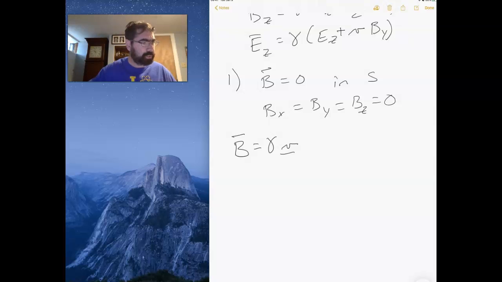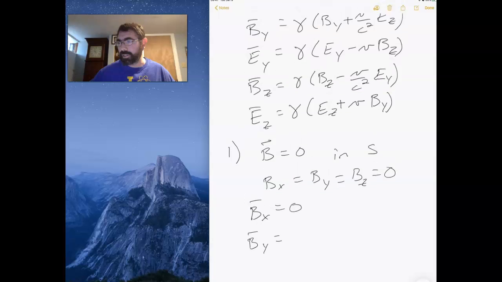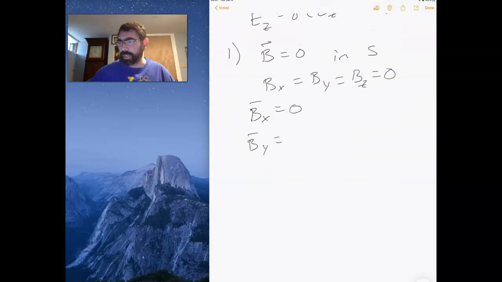So Bx is 0. By, if we look up here at what we have, By is 0, but it would have an Ez, so I'd have a gamma v over c squared Ez.